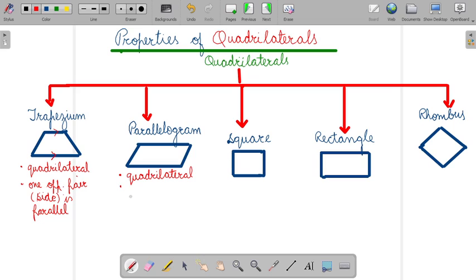So the property is that both opposite pairs of sides are parallel and equal.